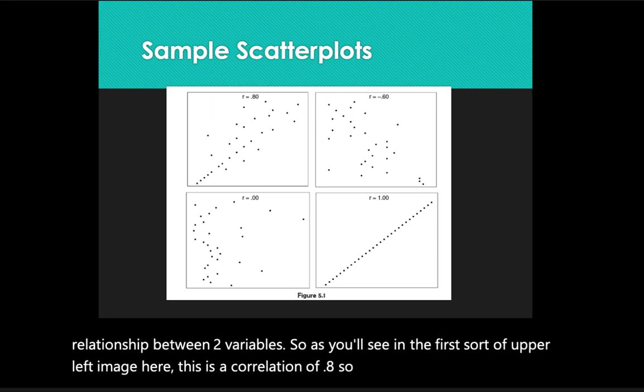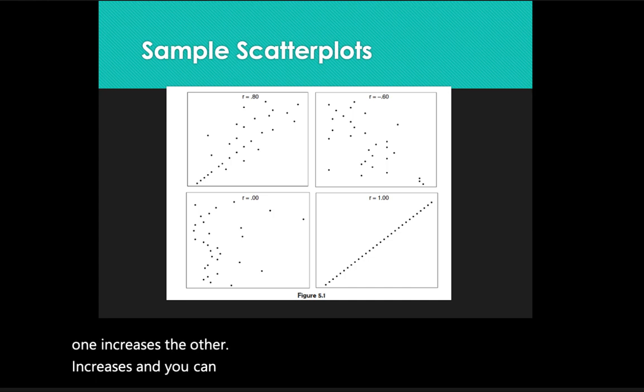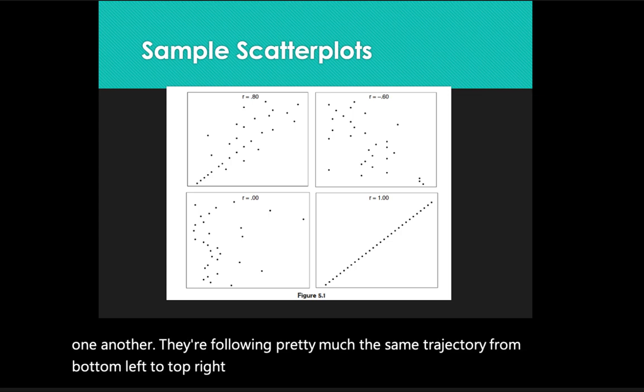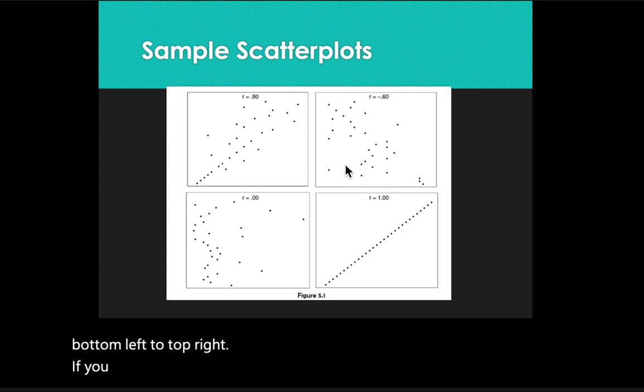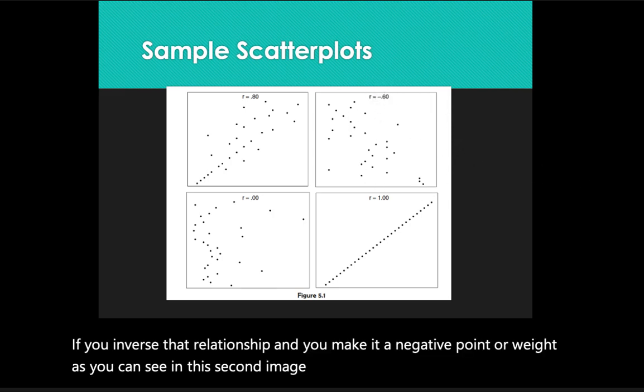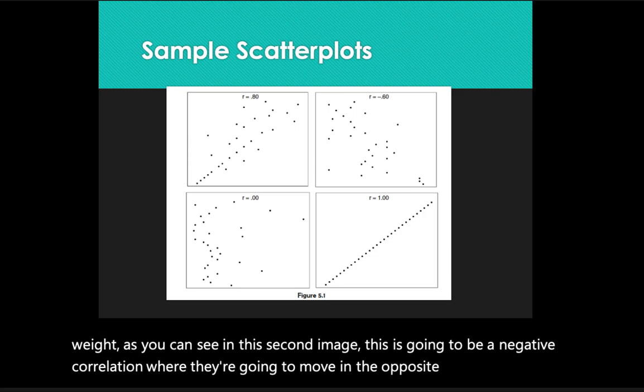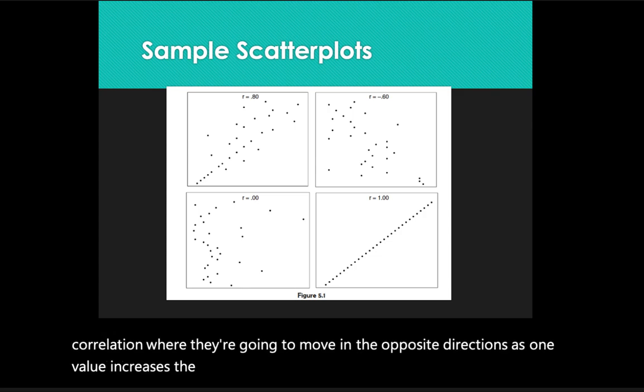So they're pretty consistent. As one increases, the other increases, and you can tell that by how close together the points are to one another. They're following pretty much the same trajectory from bottom left to top right. If you inverse that relationship and you make it a negative 0.8, as you can see in this second image, this is going to be a negative correlation where they're going to move in the opposite directions. As one value increases, the other decreases.